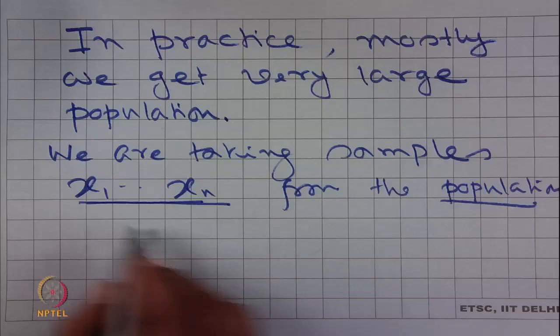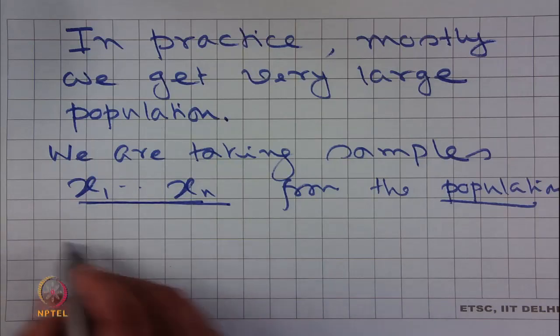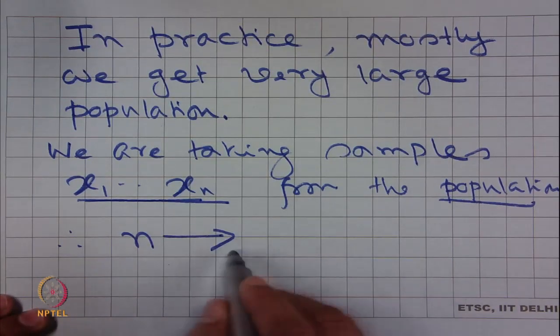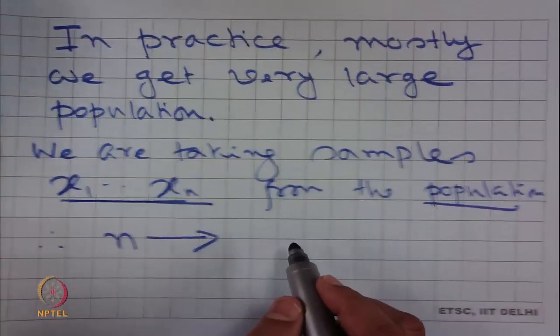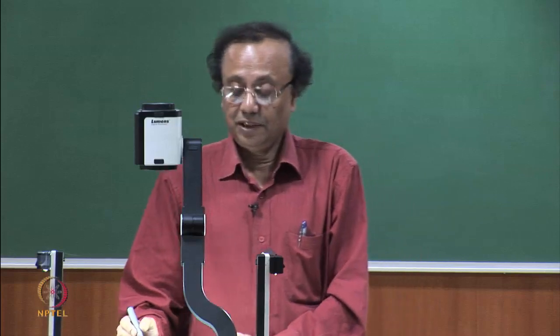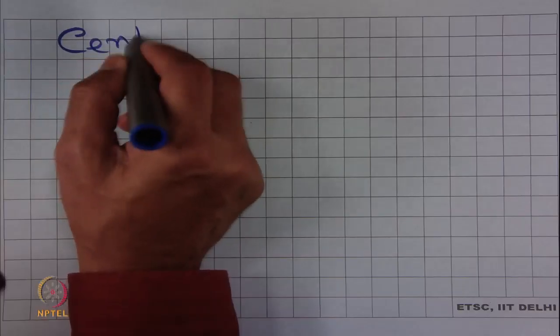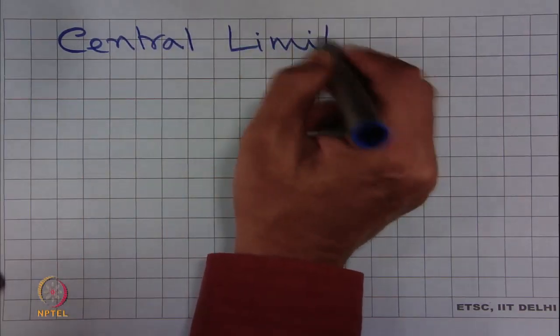Therefore, the sample size is going to increase. N increases, right? And if n increases, we have something called the central limit theorem.